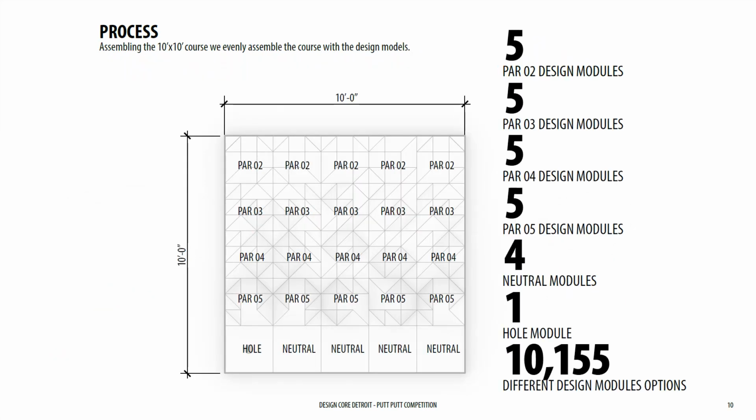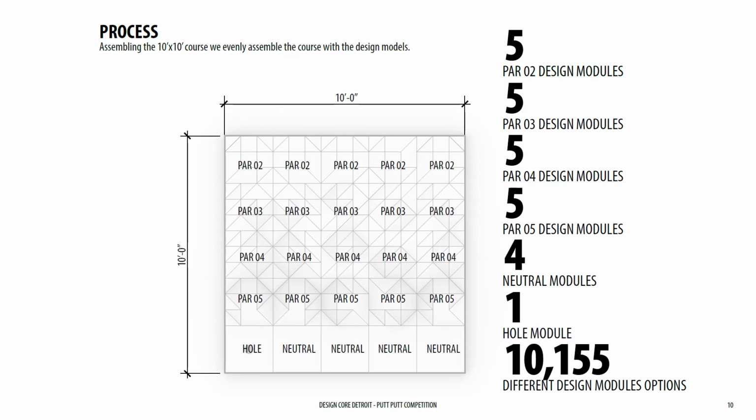Then we had our 10 by 10 site, and we arranged 5 modules for each one. Of course, we had 4 neutral modules because we needed a space where someone could lay the ball and start to actually hit it, and 1 module that had the hole in it.